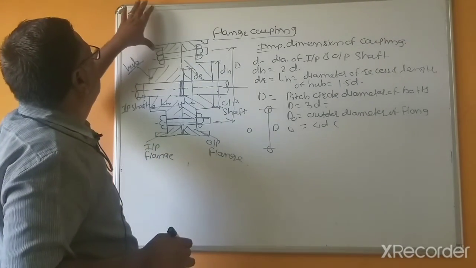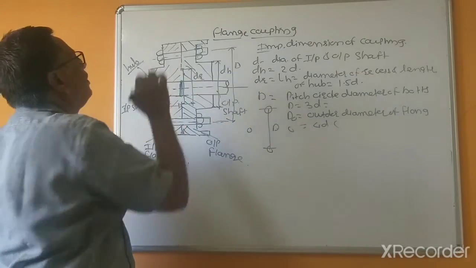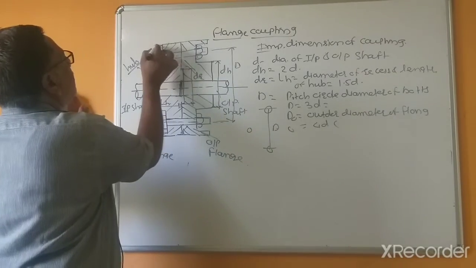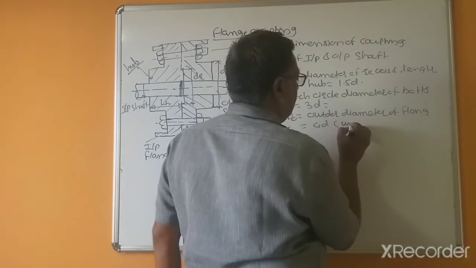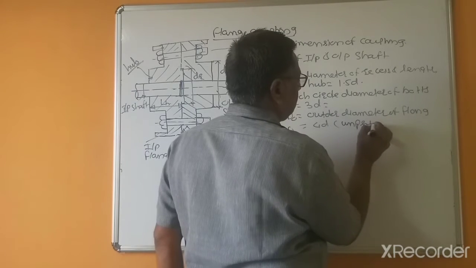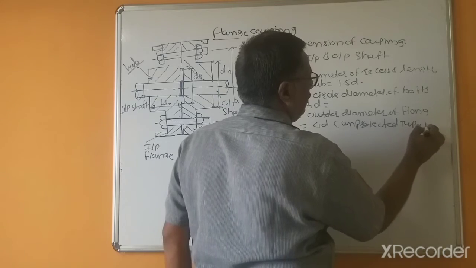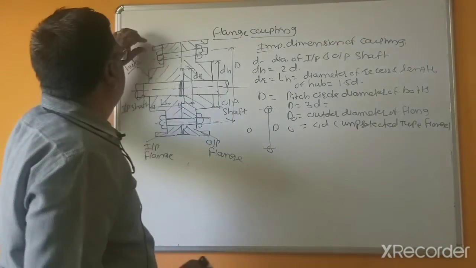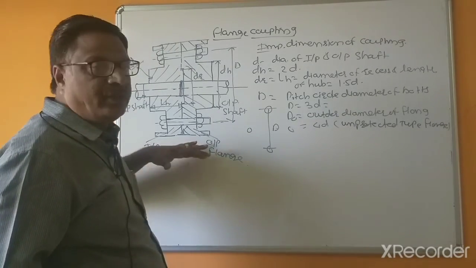Likewise, this is for the unprotected type flange. Unprotected means it is without a rib, or without a rim.